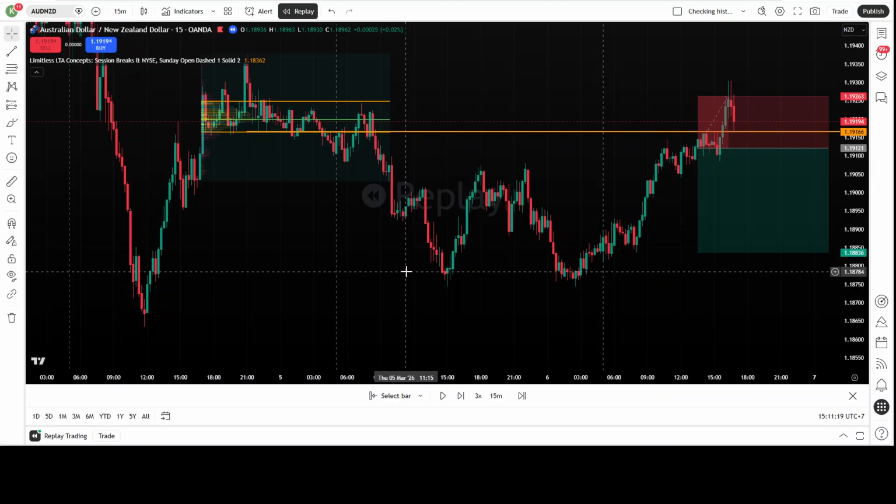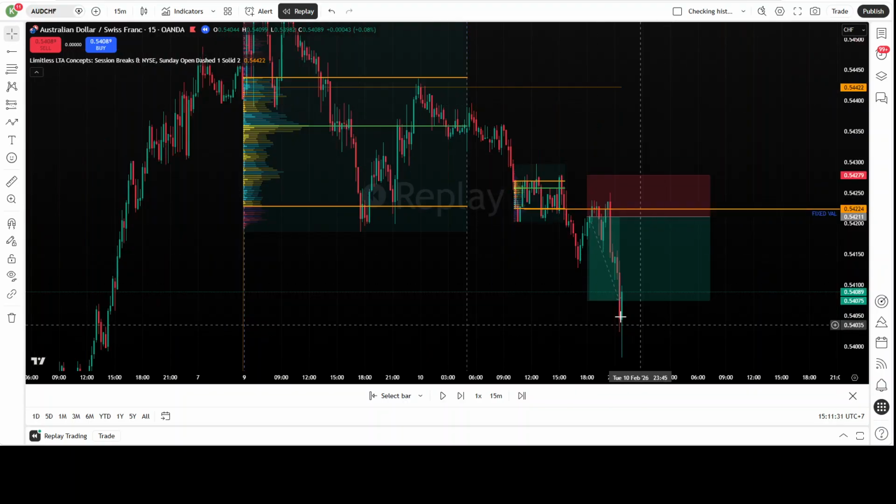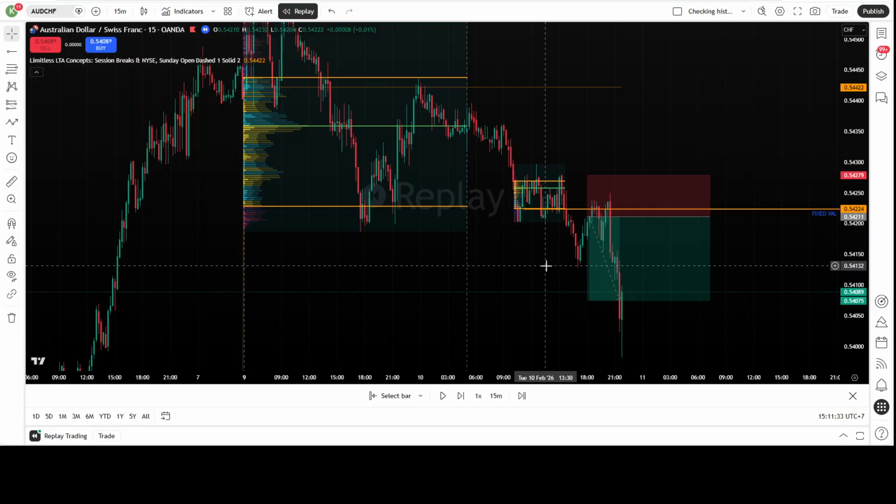And I guarantee you that you will get a higher success rate when you are taking trades like this, breaking above the previous day's highs or breaking below the previous day's lows. It just gives you a higher probability for your trades.